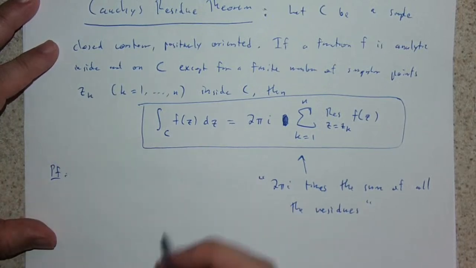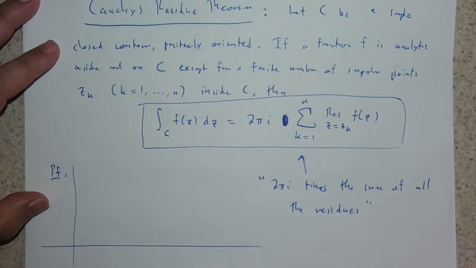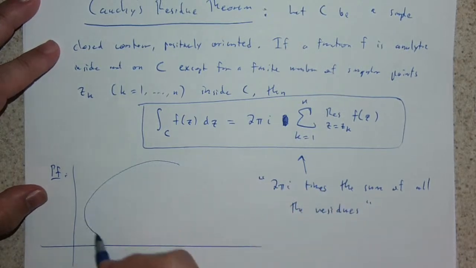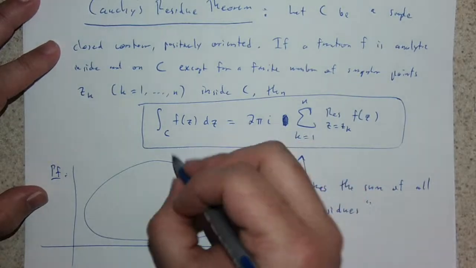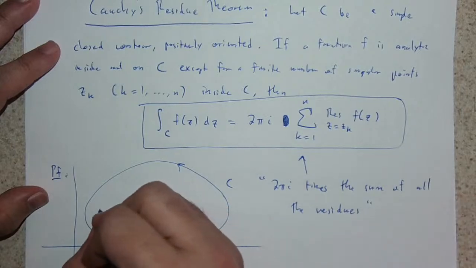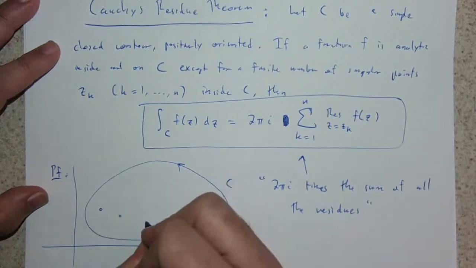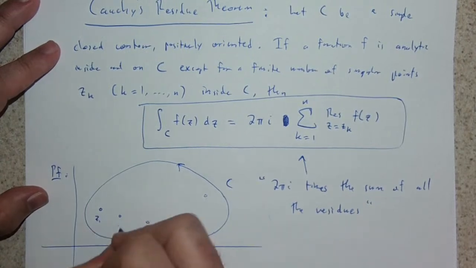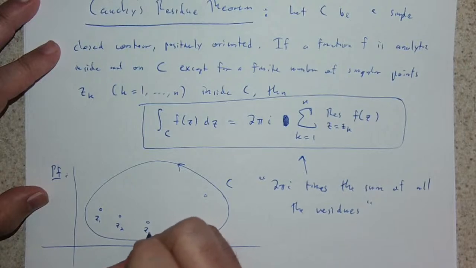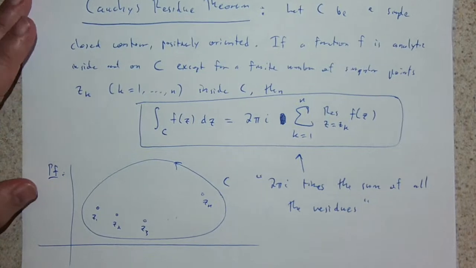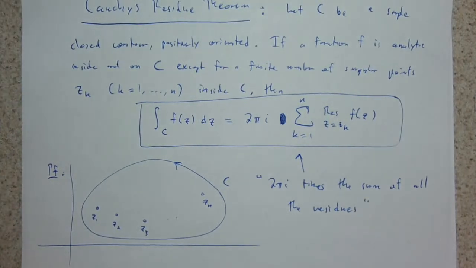Let's say that the situation I have looks something like this. I have a region interior to positively oriented curve C. I have some finite number of points z sub 1, z sub 2, z sub 3, and so on, all the way to z sub n. These are my finitely many singular points of f.